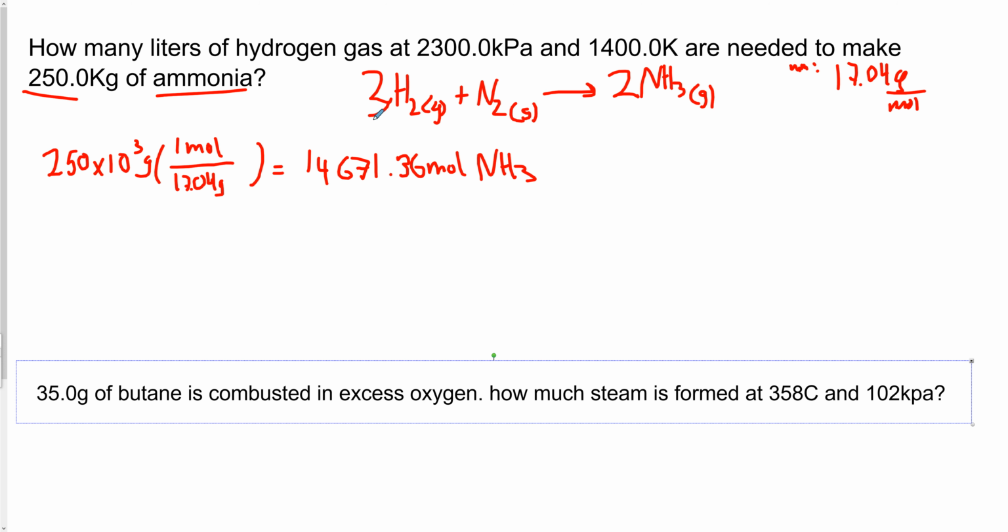So 14671.36 mole of ammonia. We use our mole ratio. Remember, wanted, that's what the question is asking you about, goes on top. And what you know, what you've been given in the question, goes on the bottom. So 3 H2s divided by 2 NH3s. So let's see, times 3 over 2. That gives me 22,007 moles of hydrogen.